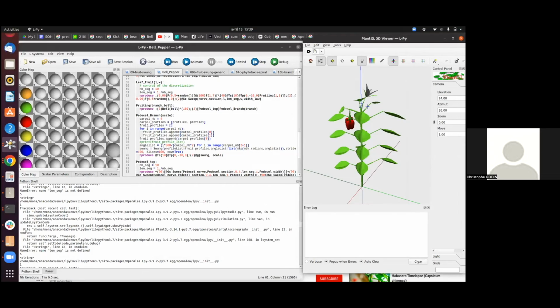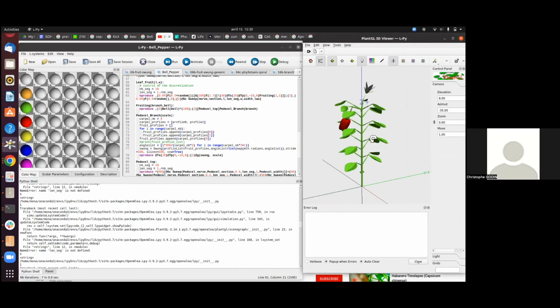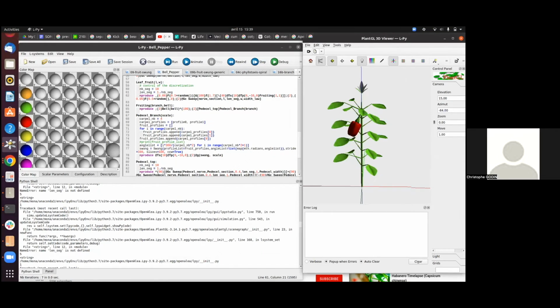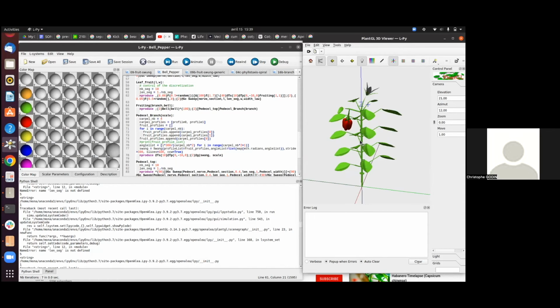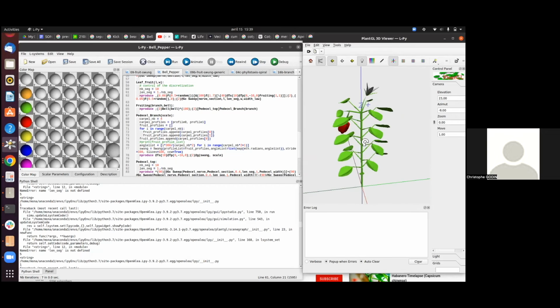Okay, so my project was simulating the growth of bell pepper. It's in the very initial stages, just having the architecture of it, but I hope to put it into continuous growth, such as we saw for Arabidopsis. For now, in general it follows the structure of the bell pepper, for example the sympodial growth with a terminal flower, and how the growth of the branches is perpendicular, which I don't remember what we called.